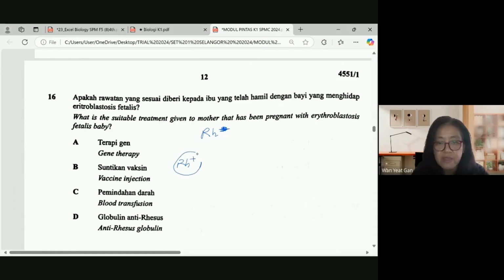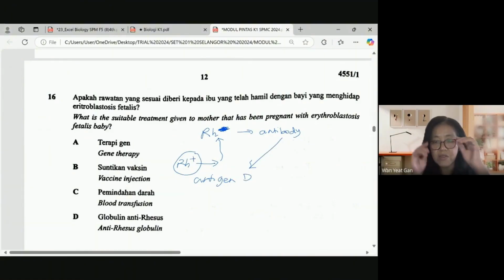So fragments of the fetus's red blood cells may enter the mother's blood circulatory system, and that triggers the mother to produce an antibody against antigen D. Okay, Rh positive is antigen D. So the mother produces an antibody against antigen D in the fetus, and that causes erythroblastosis fetalis.